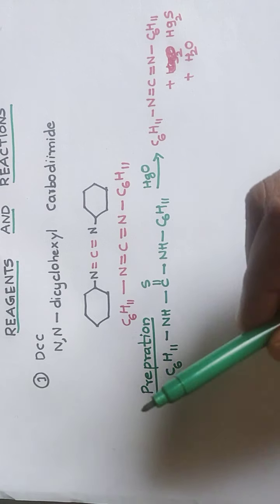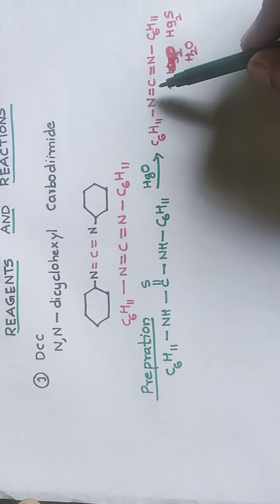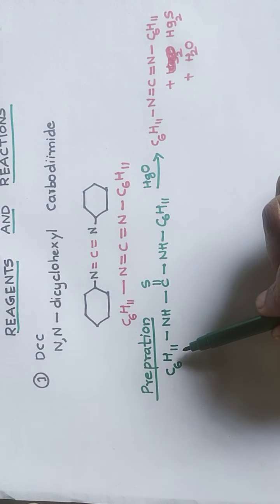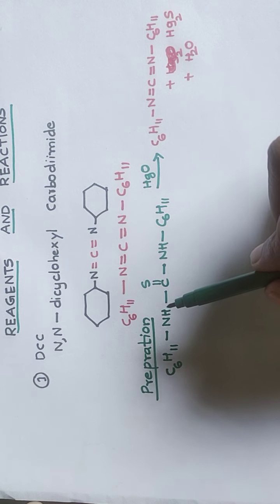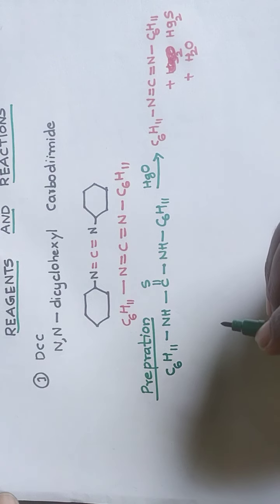The same product can be obtained by treating N,N'-dicyclohexyl thiourea with para-toluene sulfonyl chloride.